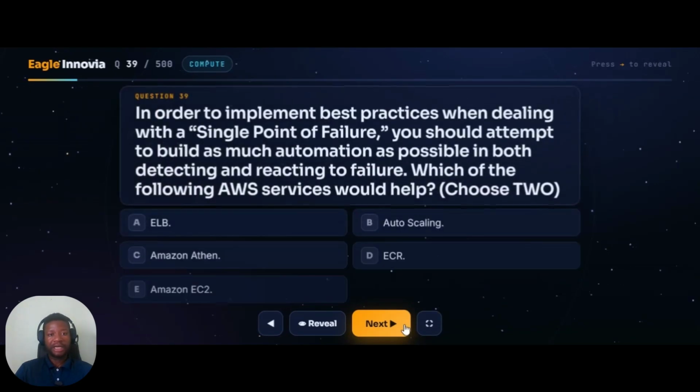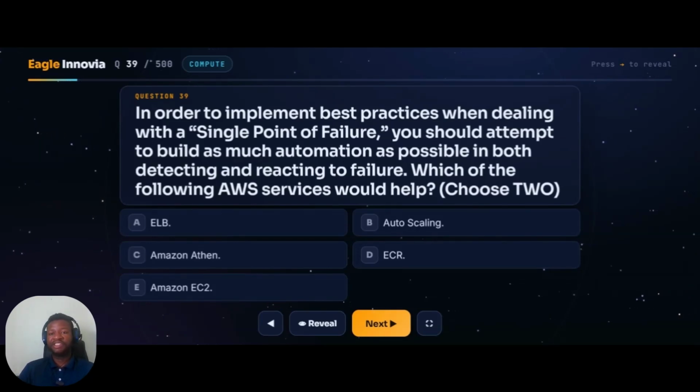Question number 39. In order to implement the best practices when dealing with a single point of failure, you should attempt to build as much automation as possible in both detecting and reacting to failure. Which of the following AWS services would help? Choose two. A. ELB, which stands for Elastic Load Balancer. B. Auto Scaling. C. Amazon Athena.